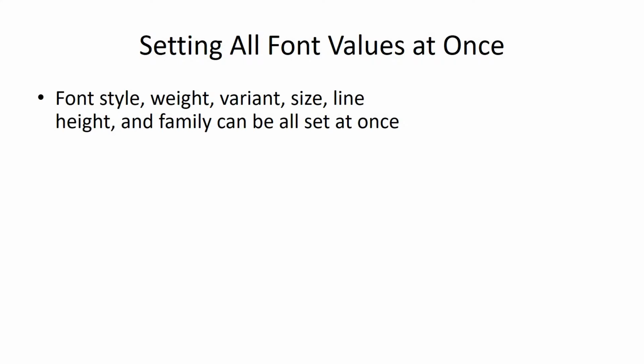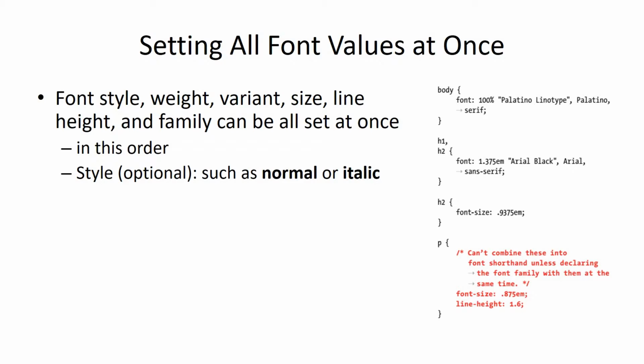These include font style, font weight, different variations of font, which we'll cover a little bit later, size, line height, and font family. It has to be set in this particular order, and some of the values are optional.